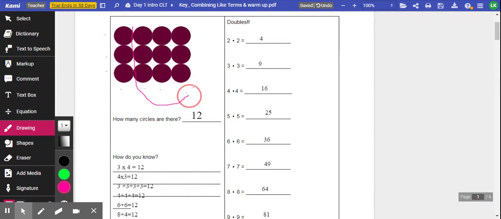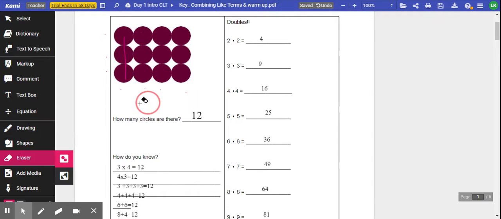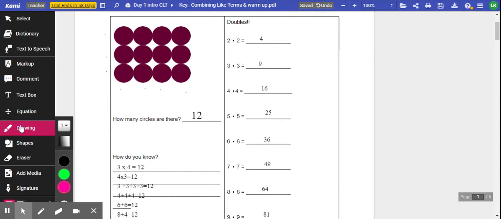Or you could do 9 plus 3. So there's lots of strategies we can use to count numbers.